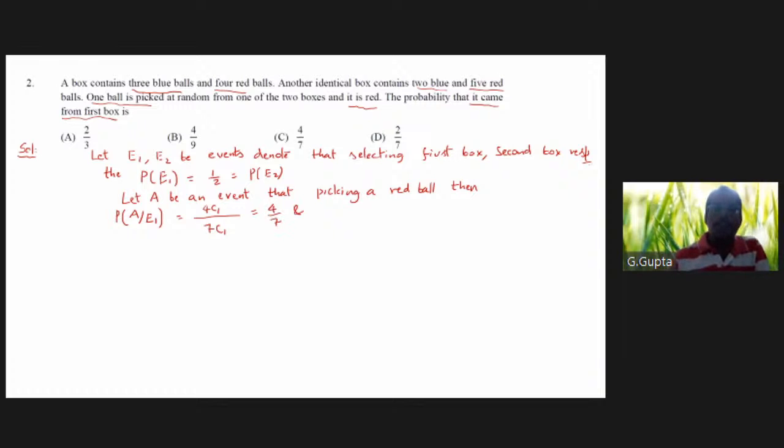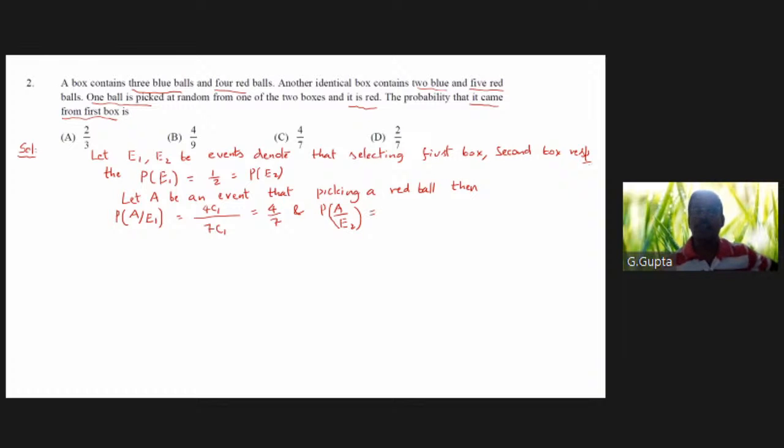And P of A given E2. What does it mean? After selecting box 2, we pick a red ball. That means the probability of picking a red ball from box 2. In box 2, total balls are 2 plus 5, that is 7.